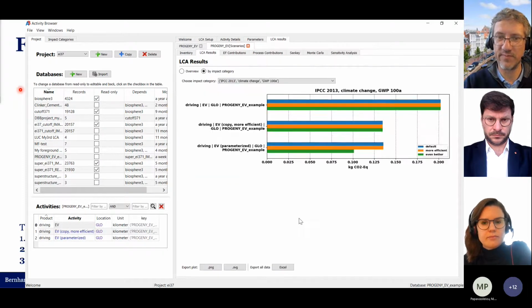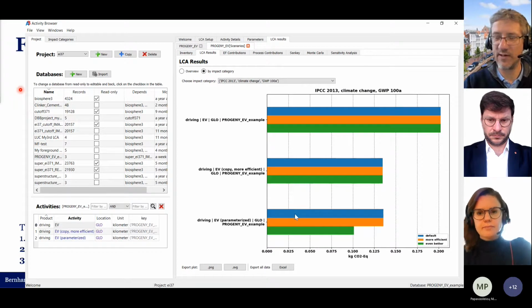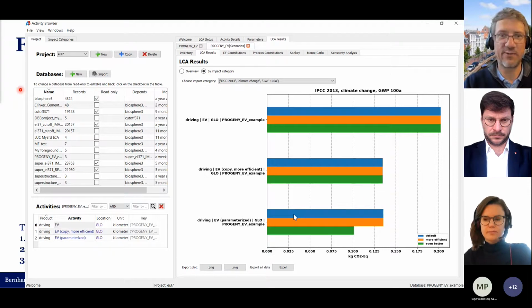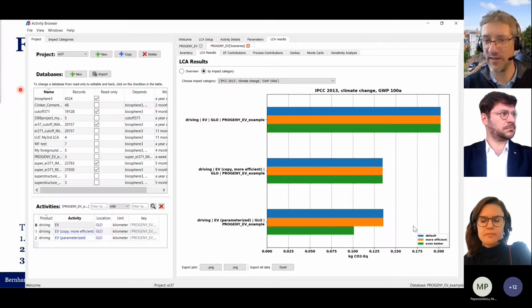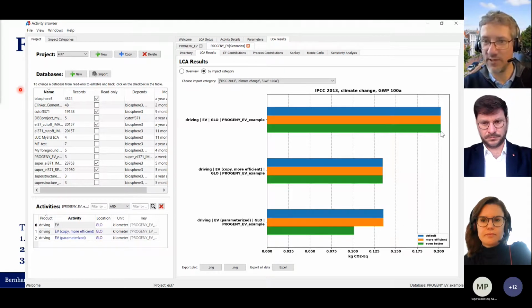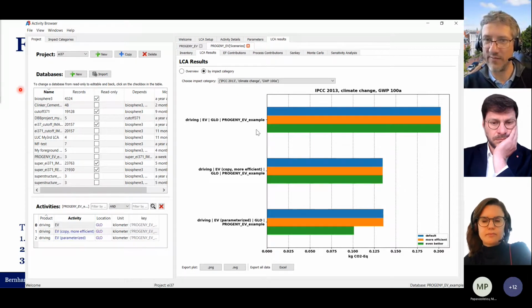So these parameter scenarios simply allow us to, instead of changing the value of the efficiency factor, change that in an Excel spreadsheet, and we can of course change as many parameters at the same time as we like. So we can add additional rows and construct real bigger scenarios from that. You can see now no change across the three scenarios for the first process and for the copy of the process.